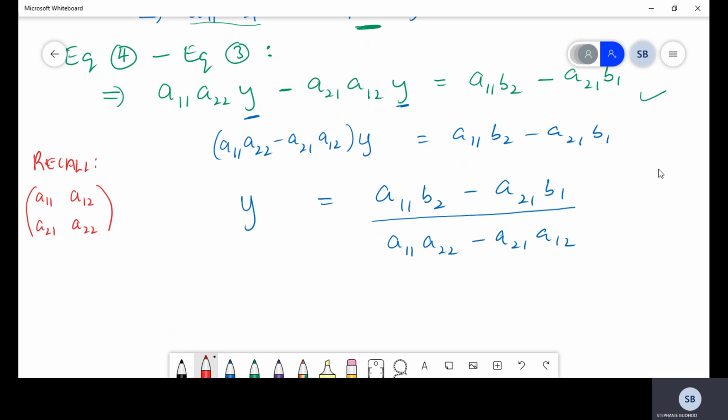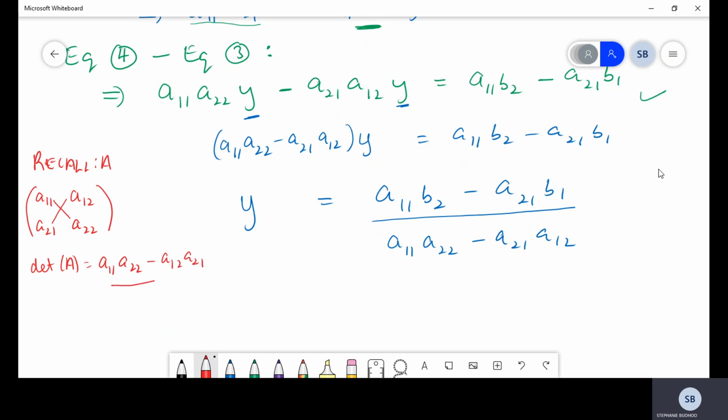If we had to find the determinant of this matrix, if this matrix was called A, the determinant of A would be equal to the product of the leading diagonal, which gives us A11, A22, subtract the product of the other diagonal, which gives us A12, A21.